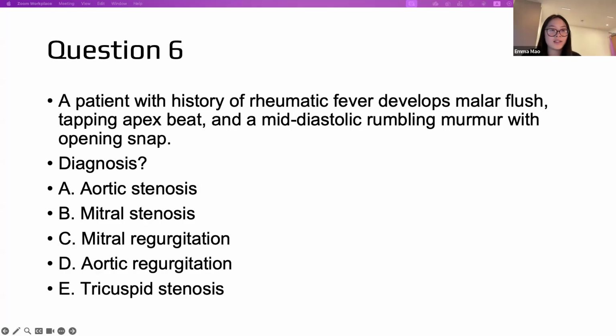Okay, another one. Patient with a history of rheumatic fever develops malar flush and then a tapping apex beat and a mid-diastolic rumbling murmur with an opening snap. What would the diagnosis be here?